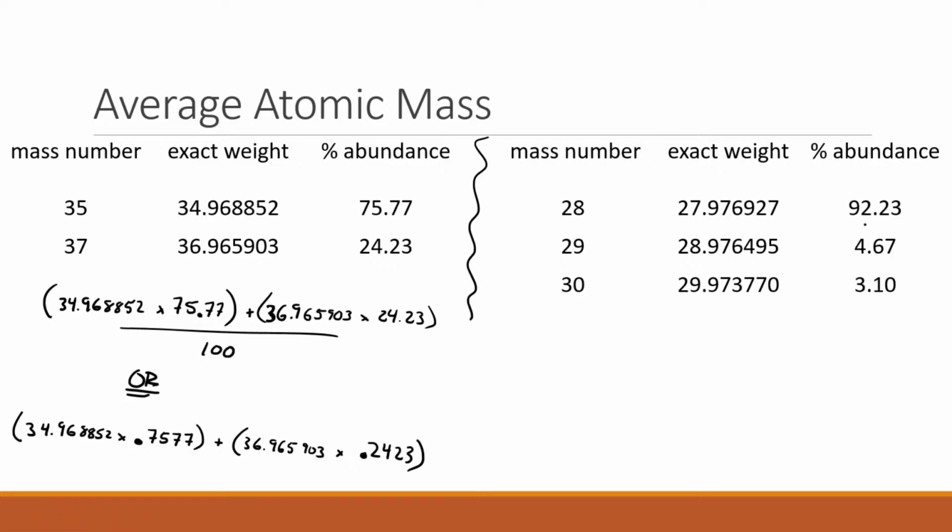We're going to see that again here as we look at 27.97697 times 92.23. We're going to do this for each of the three. It's always been 2 up until now. Now we're looking at a third. It doesn't change the setup other than adding that last term.